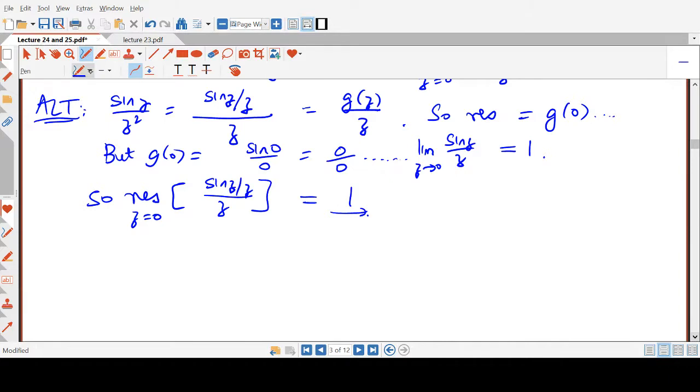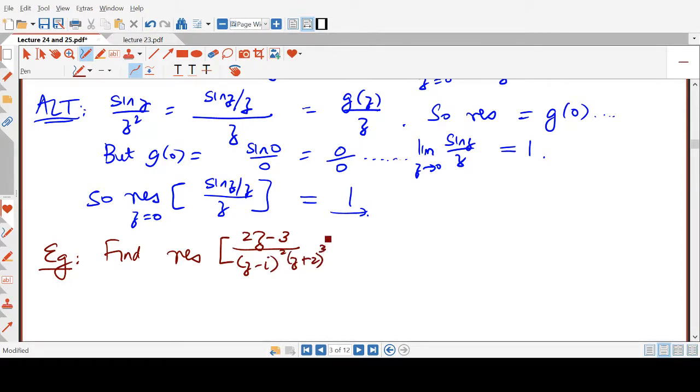Another example, a made up example. Find the residue of 2z minus 3 over z minus I squared times z plus 2 cubed at poles or singular points.